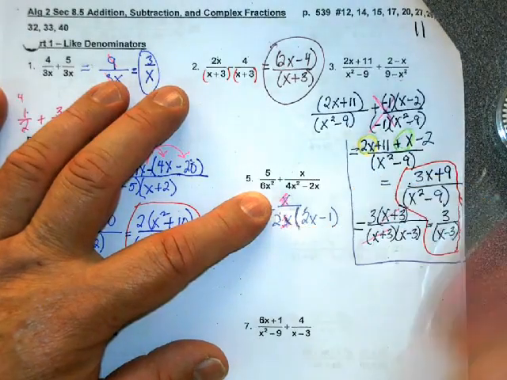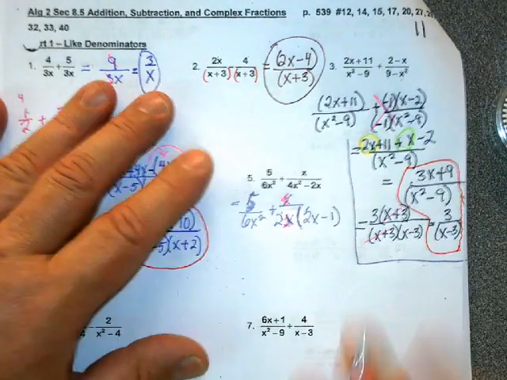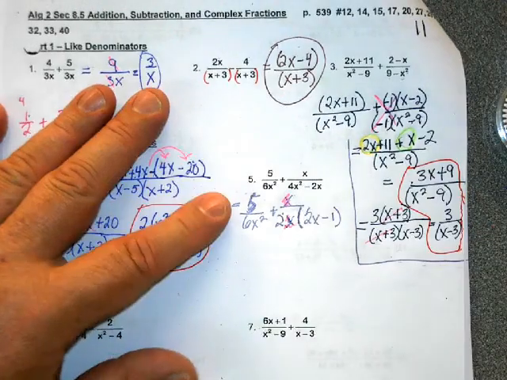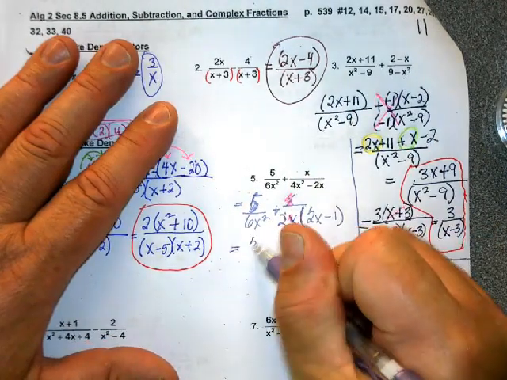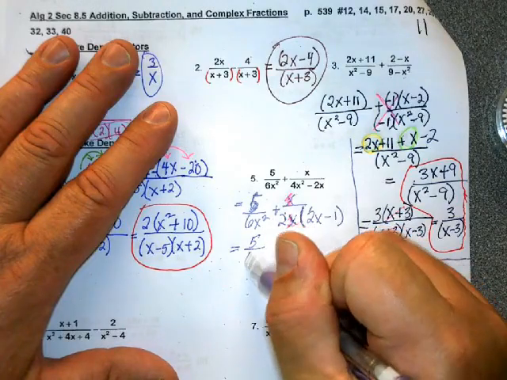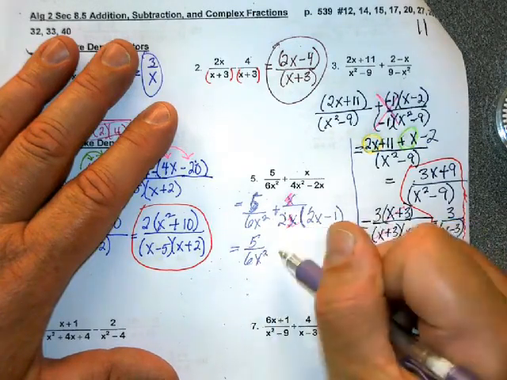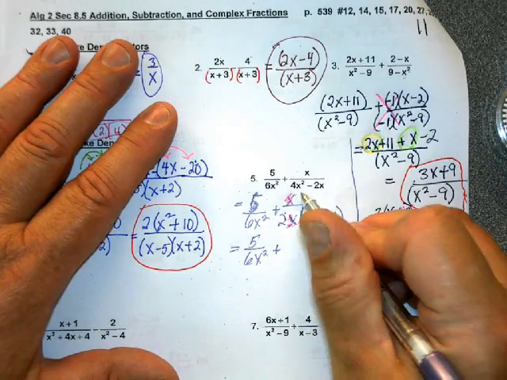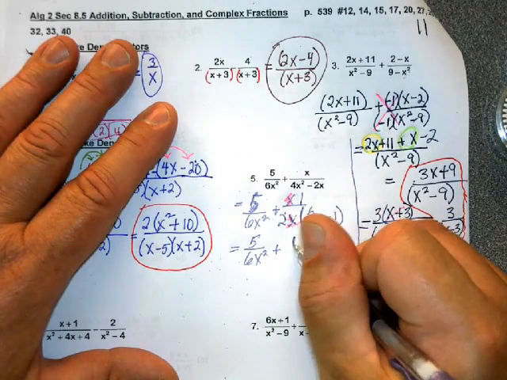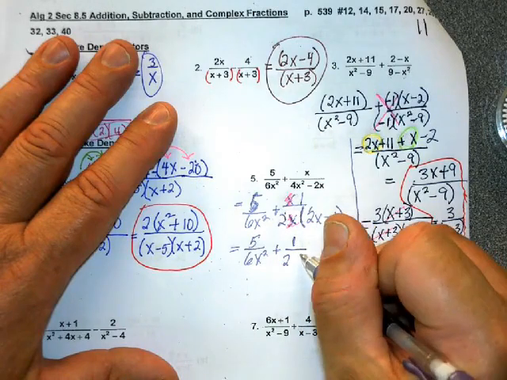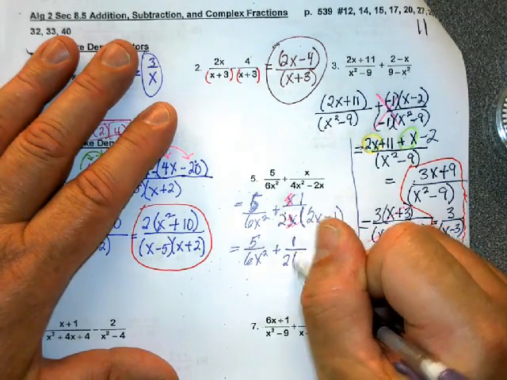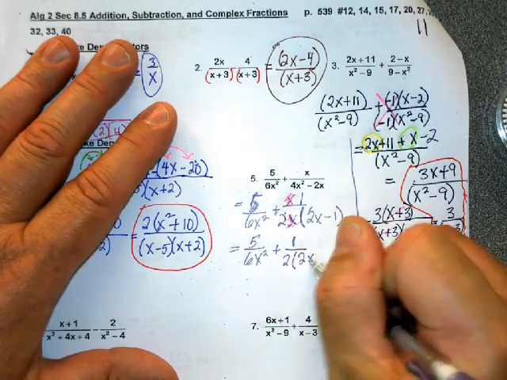Can I reduce this? Nope, we're good. So I'm going to rewrite it. I have 5 over 6x squared plus 1, I'm going to have to put a 1 there, 1 over 2 times 2x minus 1.